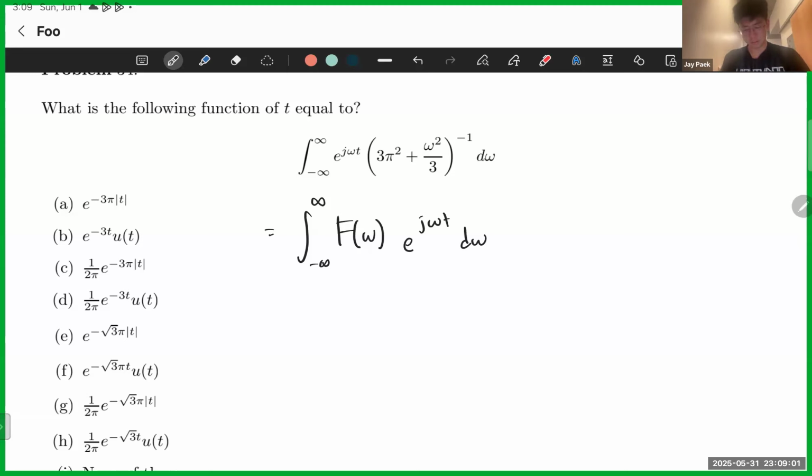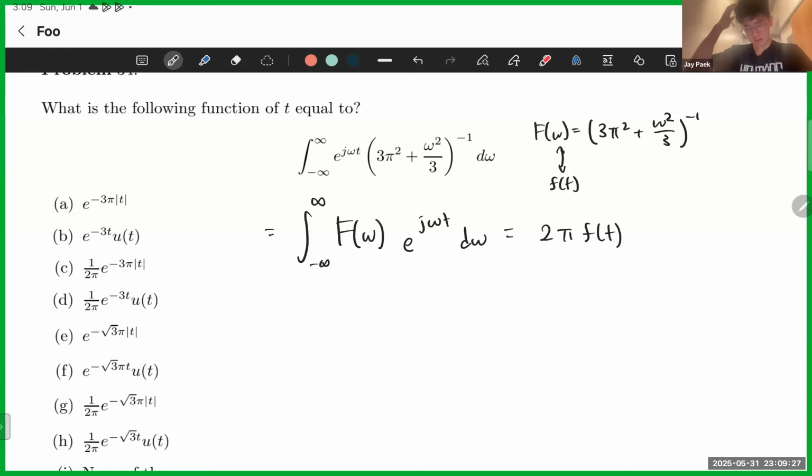So if F of omega is equal to 3 pi squared plus omega, and this has a Fourier transform f of t, this is literally just 2 pi times f of t.